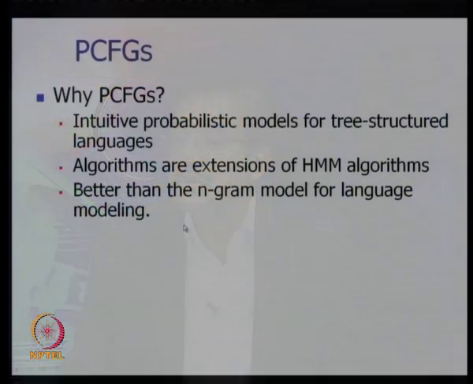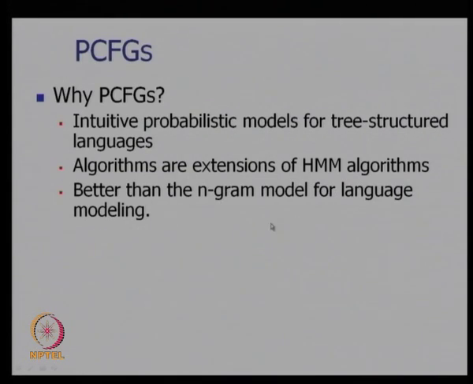Now, there is very interesting correspondence between HMM and probabilistic context-free grammar. We will show that algorithms in HMM translate directly to algorithms in probabilistic context-free grammar. So, these are the powerful ideas which can be used to produce the parse trees and their probabilistic calculations.